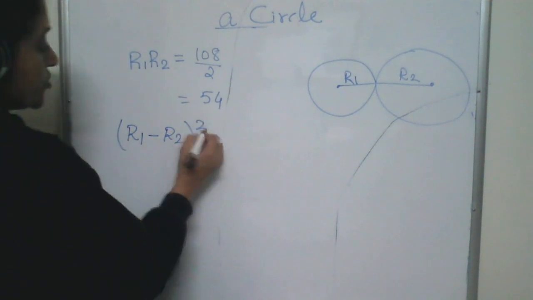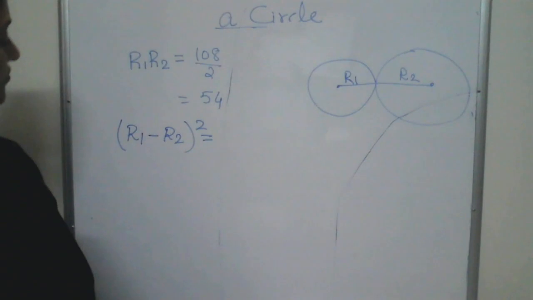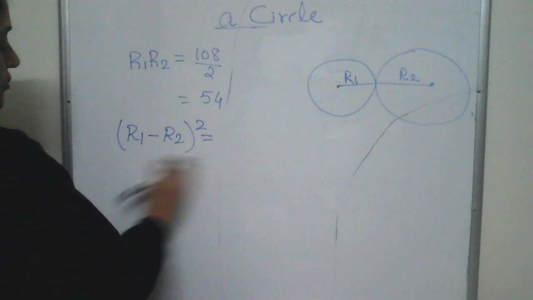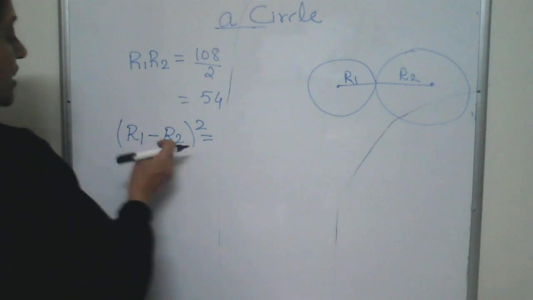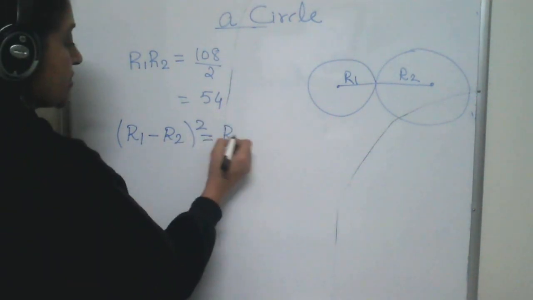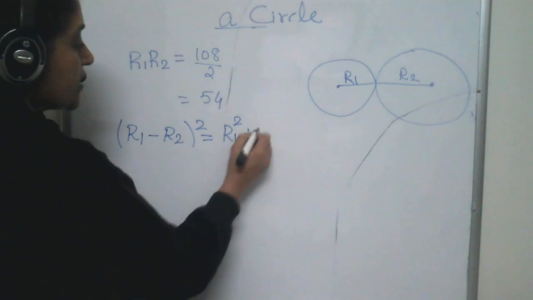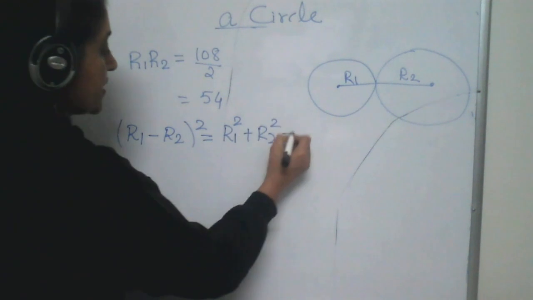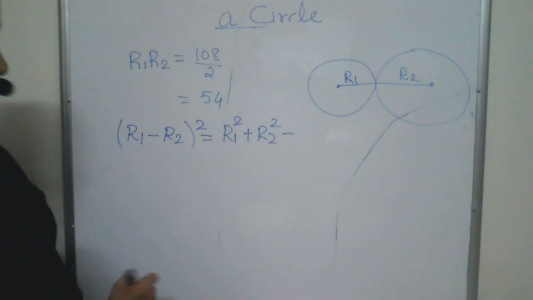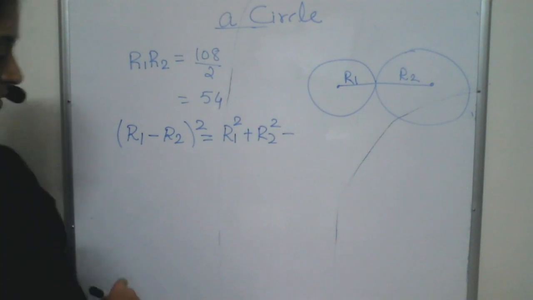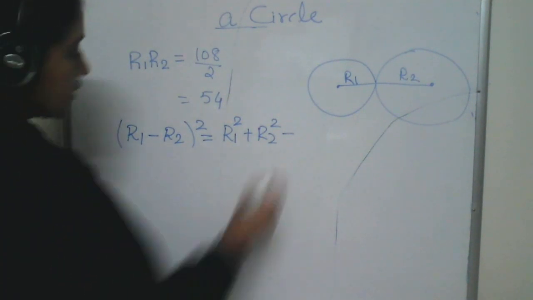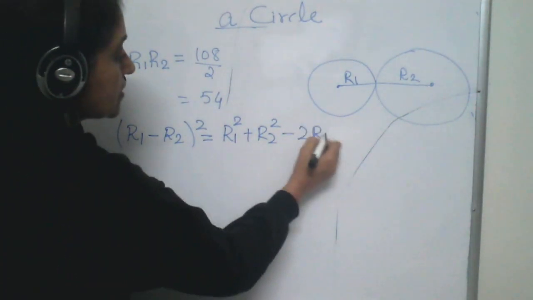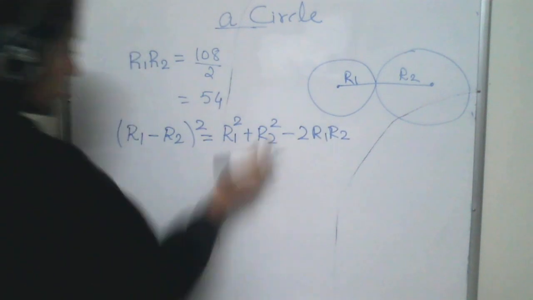r1 minus r2 bracket square. Why are we so confident that we will get some value for this? Because r1 minus r2 square is nothing but r1 square plus r2 square minus 2r1 r2.